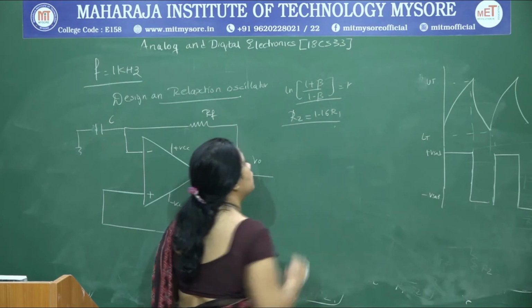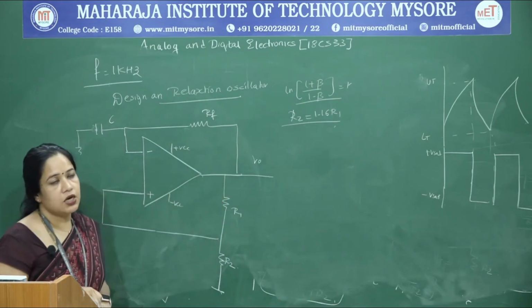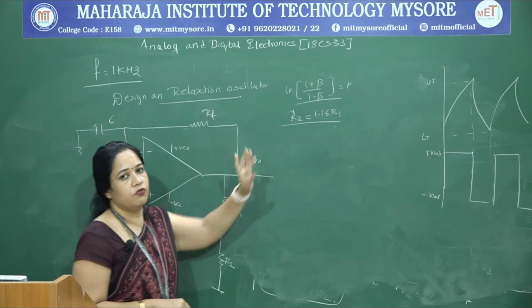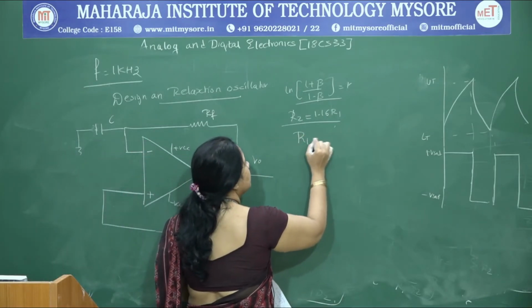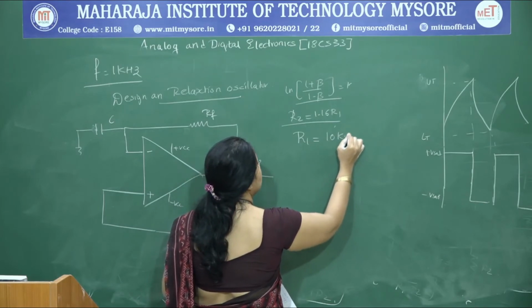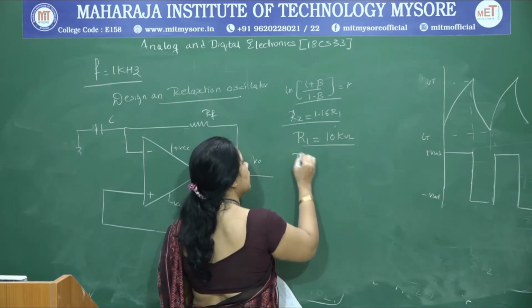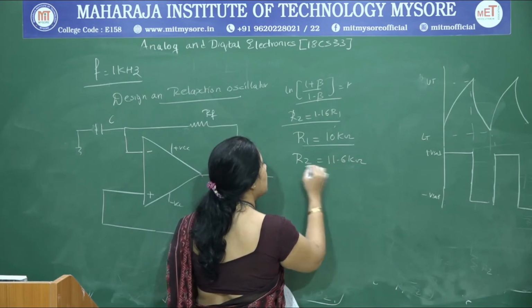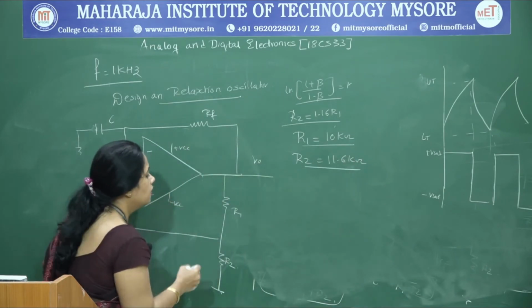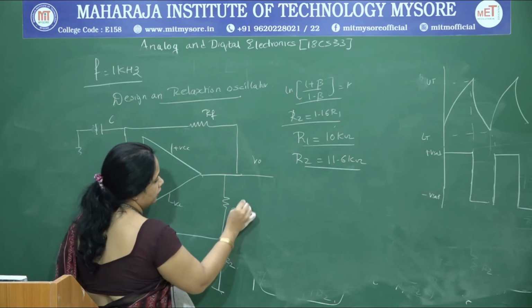If you choose R2 to be 1.16 times R1, this ratio tends to become 1, simplifying the design. So, I take R1 equals 10 kilo ohm. The corresponding value of R2 becomes 11.6 kilo ohms. So, we are done with designing the resistances in the feedback circuit.